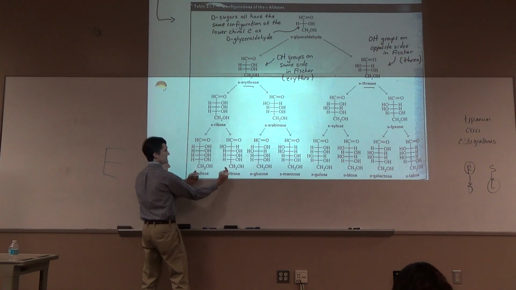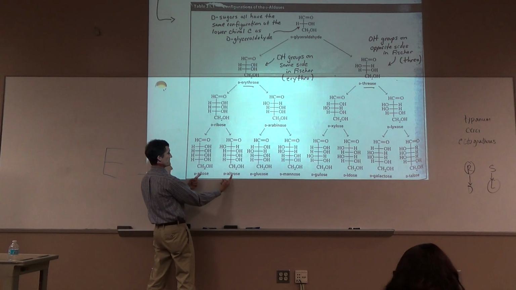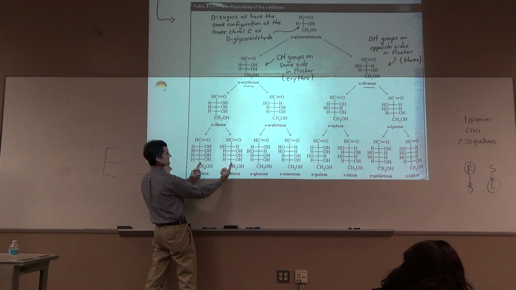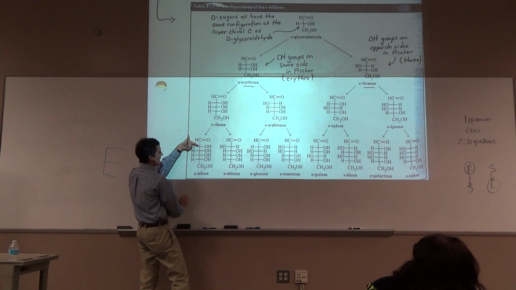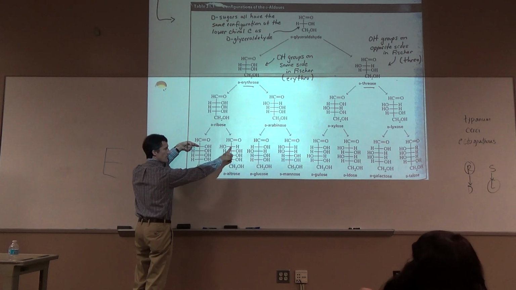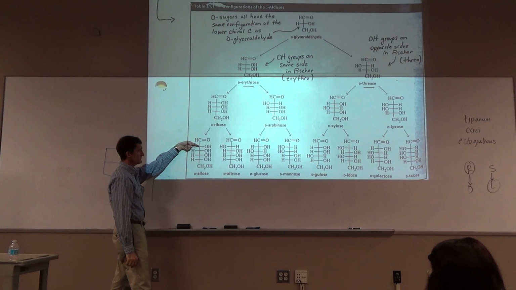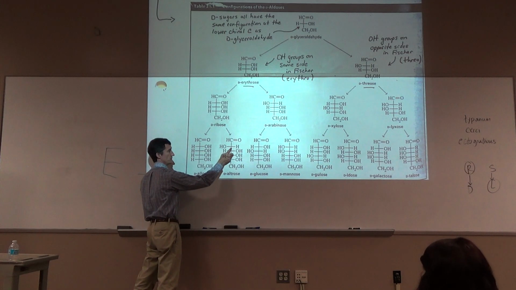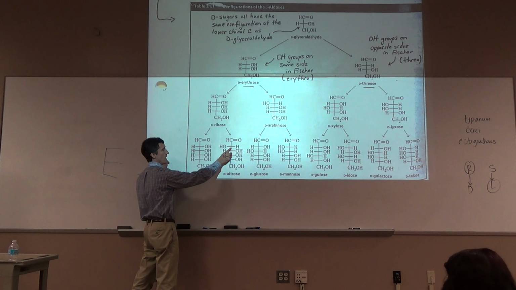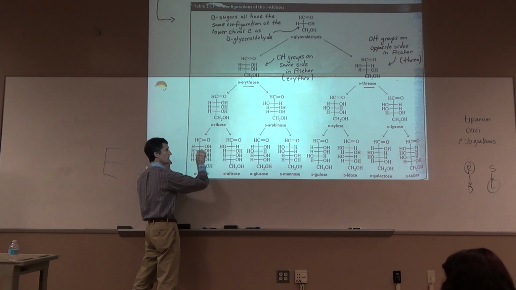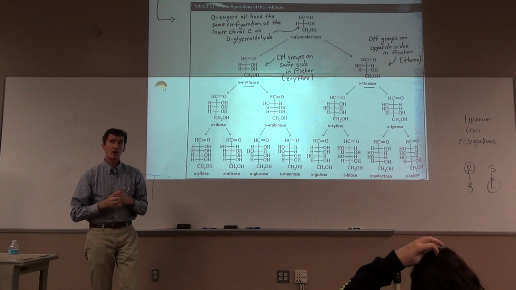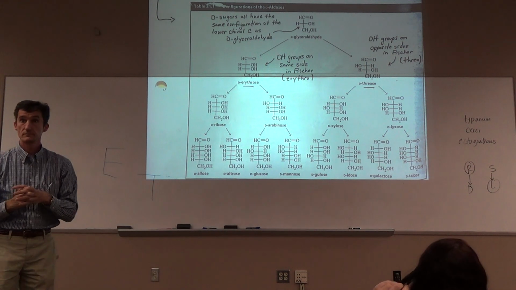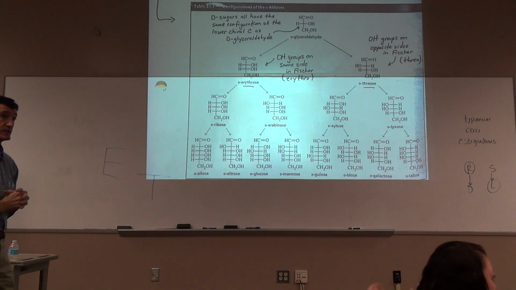For example, look at these two, allose and altrose. What's the difference? Only that top carbon, called C2. That's the only thing that's been switched, whatever the R/S is. Because only one thing has been switched, we can also call that an epimer. Epimer is just a specific type of diastereomer.